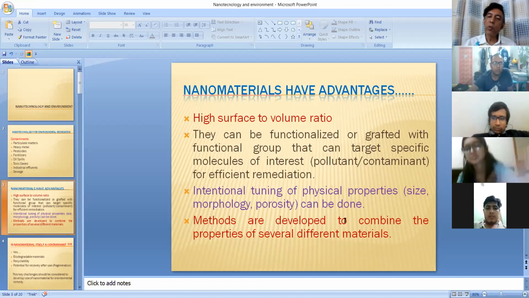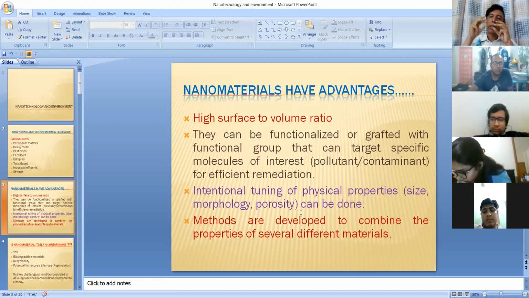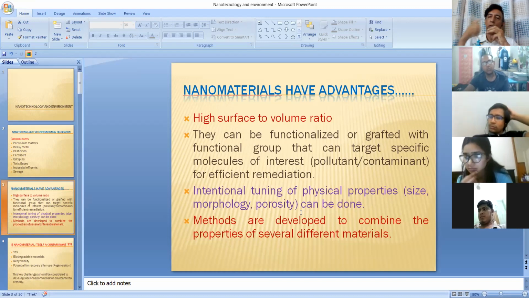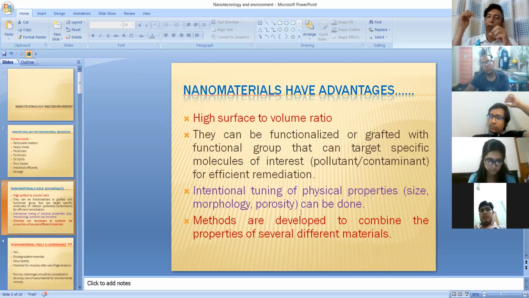Intentional tuning of physical properties, that means the size of the nanomaterial. We can increase or decrease the size of the nanomaterial, or change the morphology of the nanosurface.